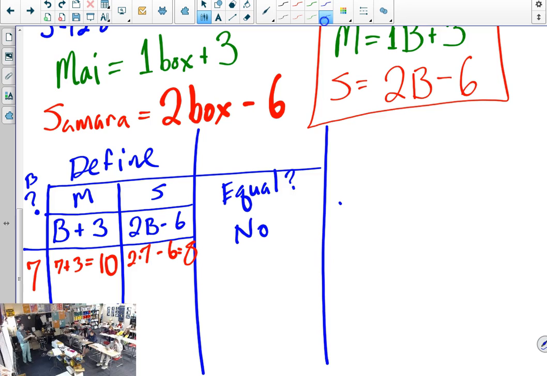We're shooting for them to be equal. So I don't know whether you should go up or down. Just try to shift one way or the other, see what happens. Try 14 if you want. Make B 14 and play that out.